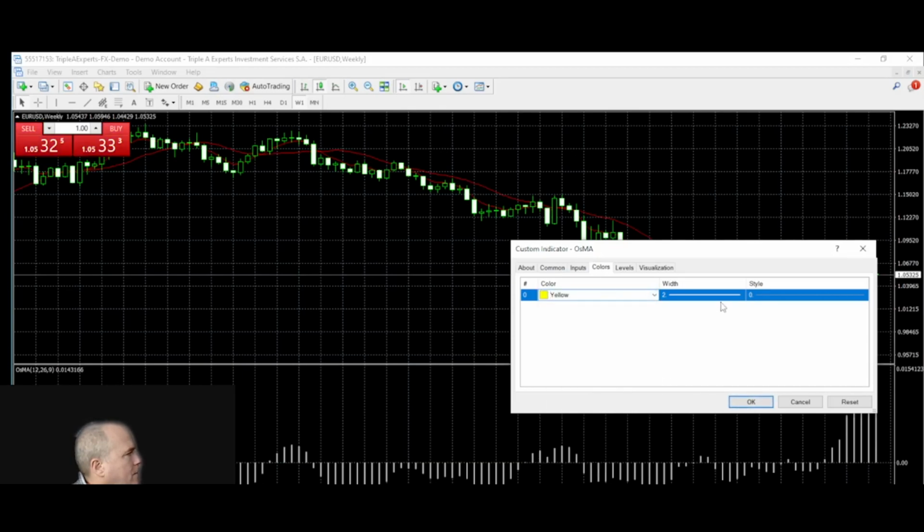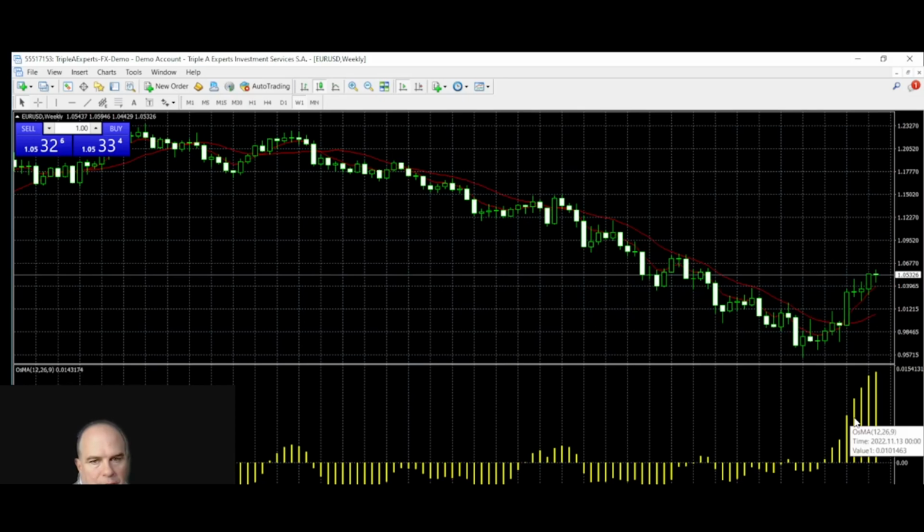Let's just put yellow. If you want to make them bigger, you go ahead and make them bigger, whatever. I'm just going to change color right here. That is your OSMA, which is necessary to use this indicator. Now let's hunt for some divergence.